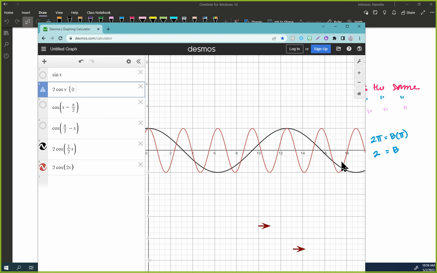0, 2 pi. I want you to look at one thing. You don't have to pay attention to this. This is me just trying to make your lives easier. Is that right? It's not giving me from 0 to 2 pi. I think I did something wrong.